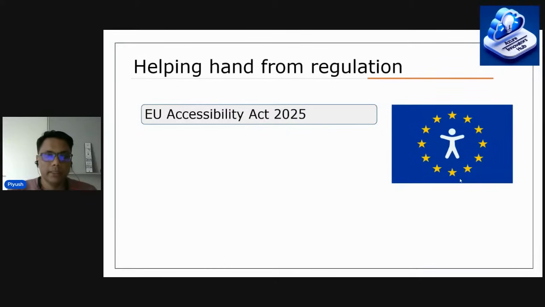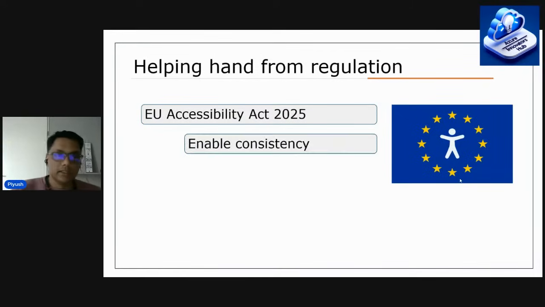Before this, each country had its own rules for your products, your websites, your documents, whatever. And sometimes those rules were slightly different from each other. So for a company working across different countries in the EU, it was quite challenging. So that's one part, that they have made it uniform. They have essentially made a consistent set of rules that you need to follow.